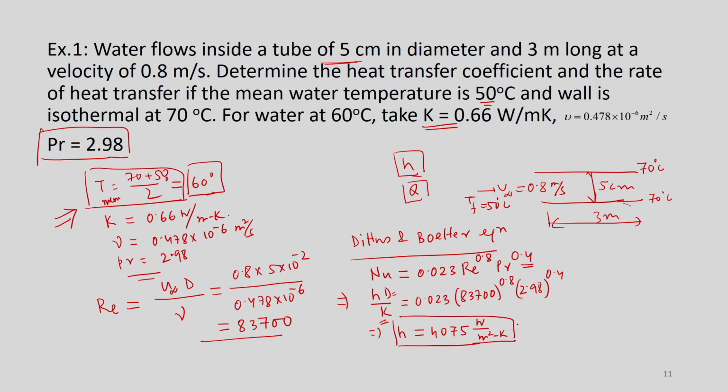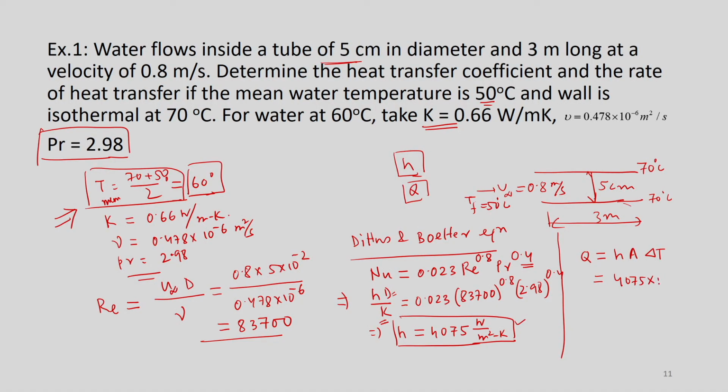Once we know h, our next calculation should be Q, the rate of heat transfer. What is the expression for the rate of heat transfer? It is h A delta T. The h value is 4075, and what is the area here?